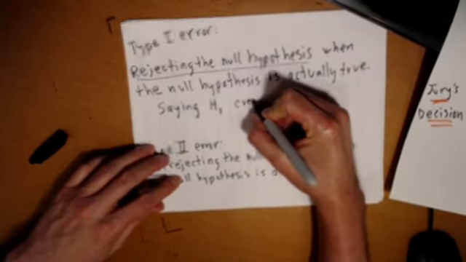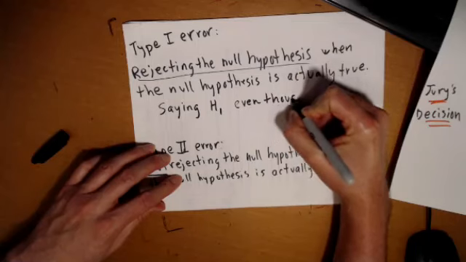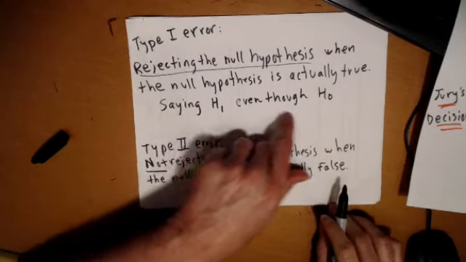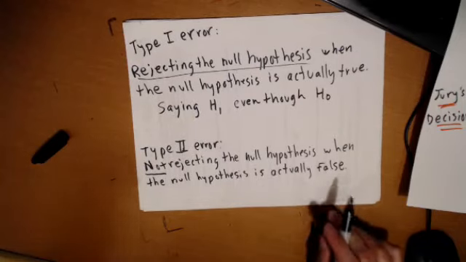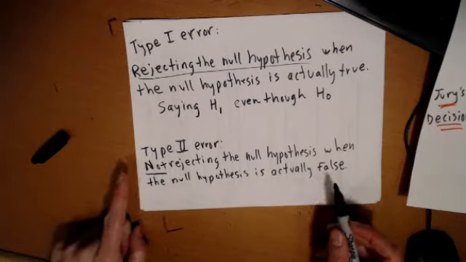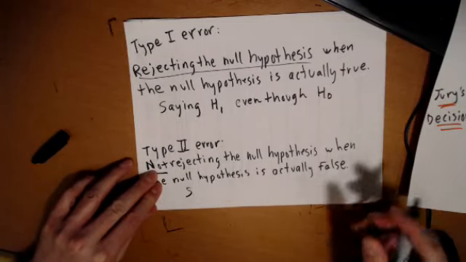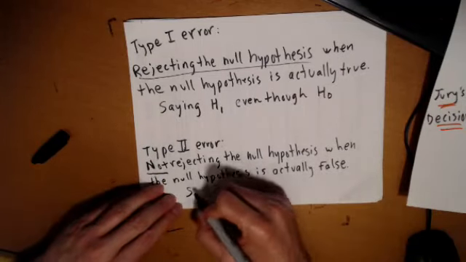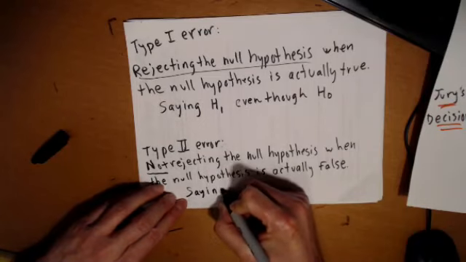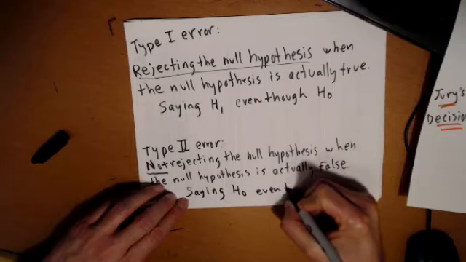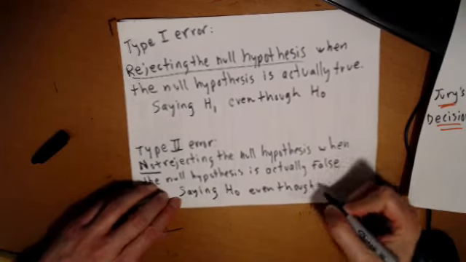So saying the alternative even though the null is true. So saying H1 even though H0. So then the type 2 is just switching them. Not rejecting the null means you're stuck with it. So saying H0 even though H1.